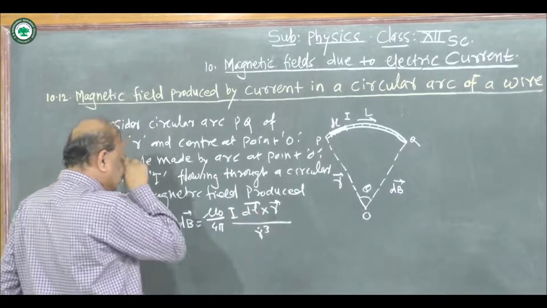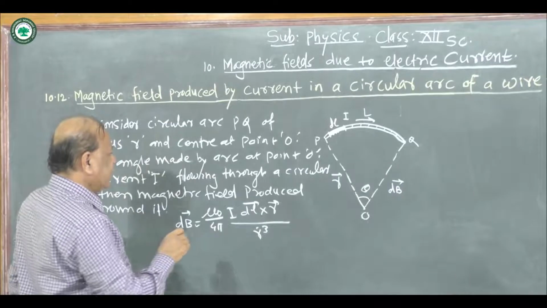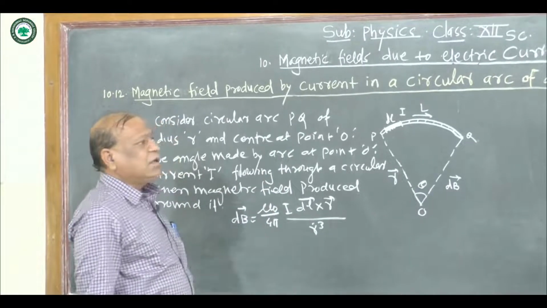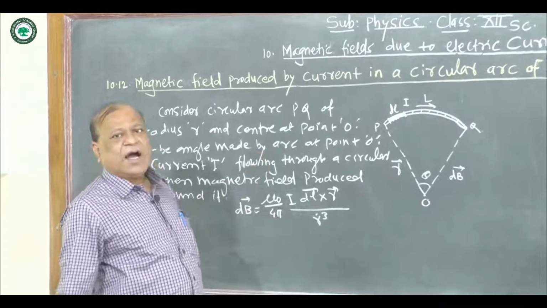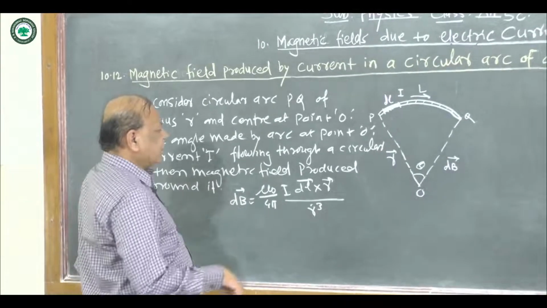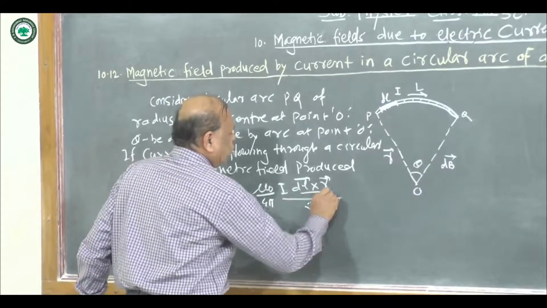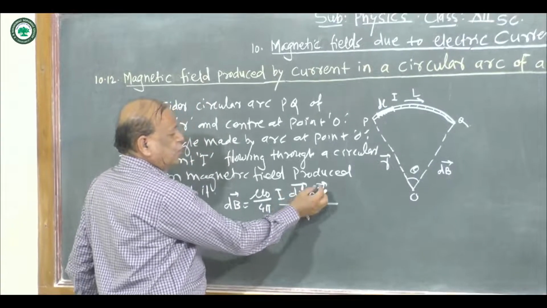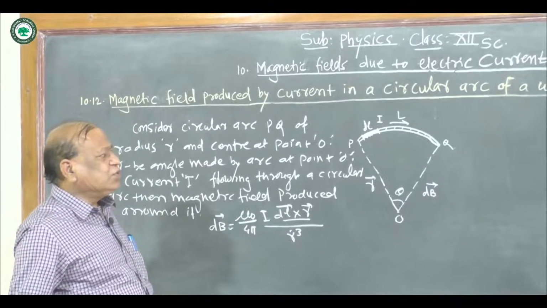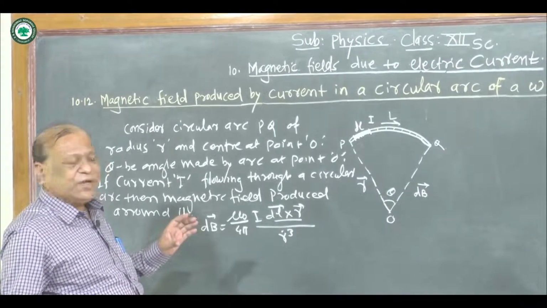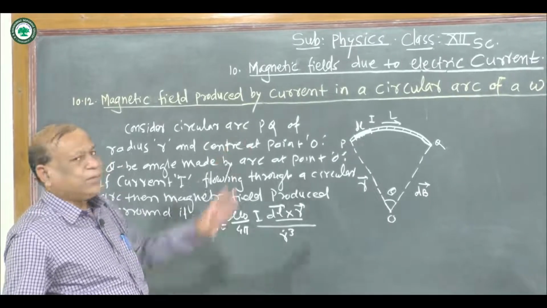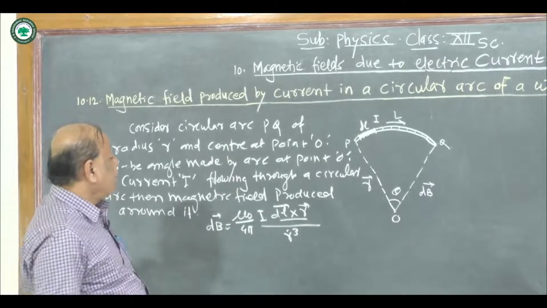The cross product dl bar cross r bar gives the direction of the magnetic field, which is perpendicular to the plane of the figure.